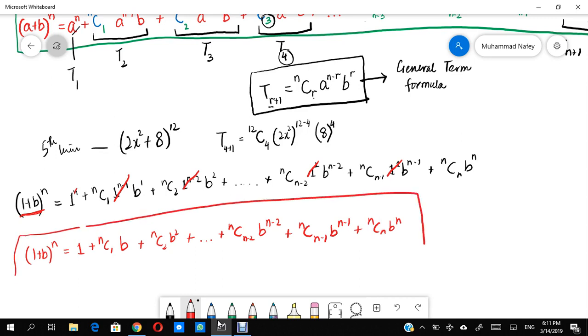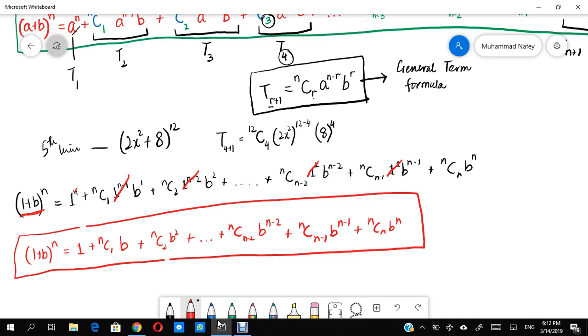So things become a bit simpler when we have 1 as the first component of our binomial. Why? Because once again no matter what power you give to 1, it always remains 1. So we don't need to worry about the powers of 1 in the expansion of a binomial which has 1 as its first component. Instead, the thing to worry about is the second component of the binomial, and it's just the second component of the binomial that will be written.